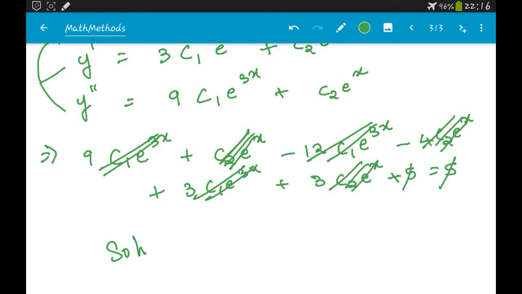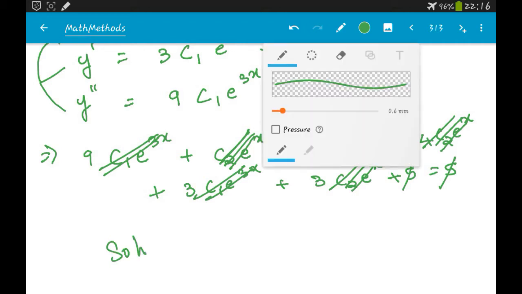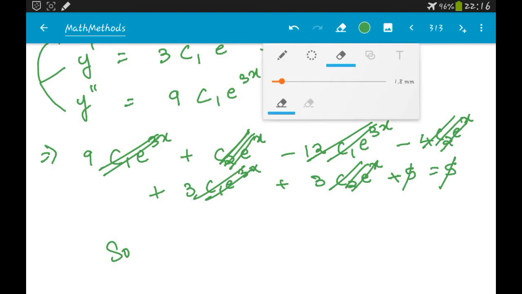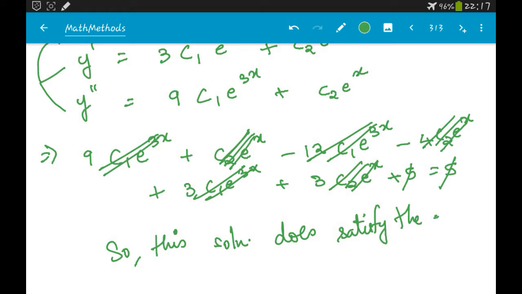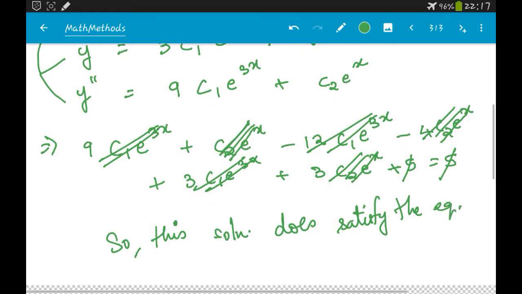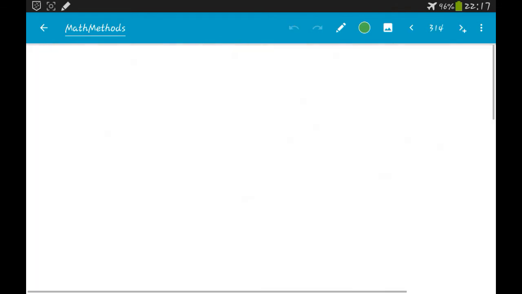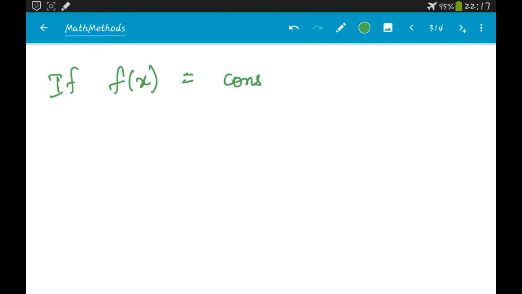So the solution does satisfy the equation.